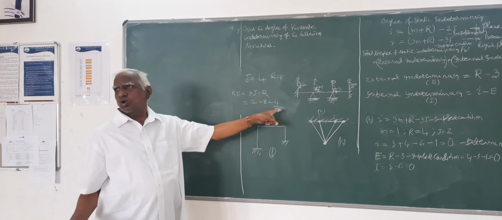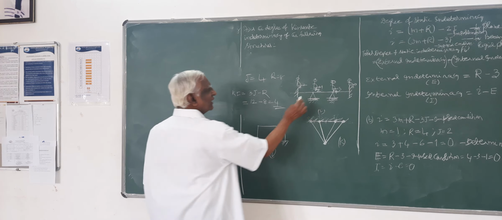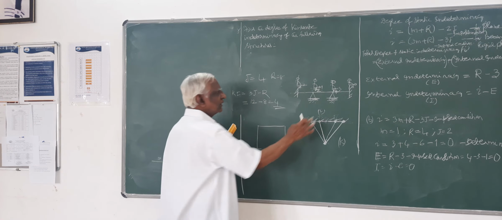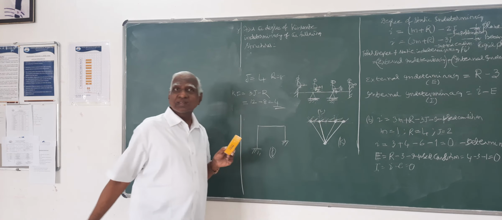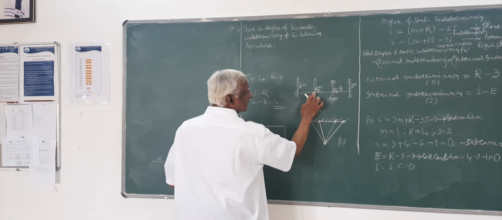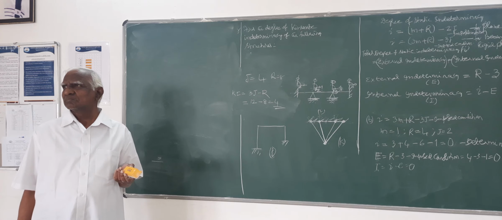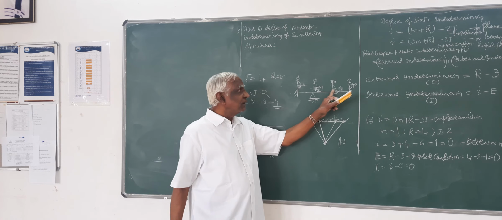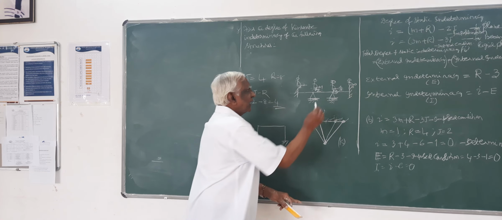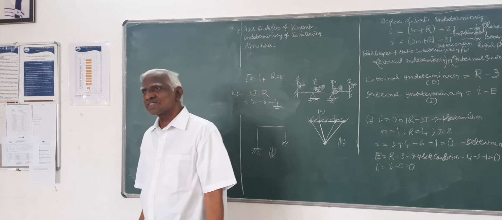4 displacements. If it is axially rigid, then whatever motion is there, this also should move by the same amount. There is no separate 3. So this is 1, this is 2. If this one is there, this also should be there, which is 0. So naturally, this is 0.